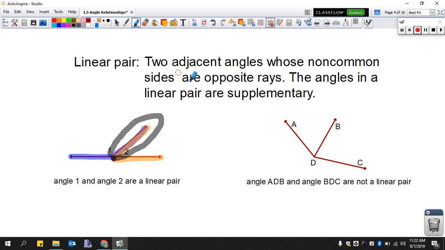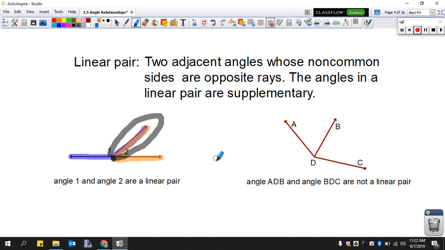The thing that makes it a linear pair is that the non-common sides are opposite rays. So the sides that they don't share go in opposite directions. That would be this blue baseline and the orange baseline going in opposite directions. And so that's what makes it a linear pair. And you see that it forms a straight line.